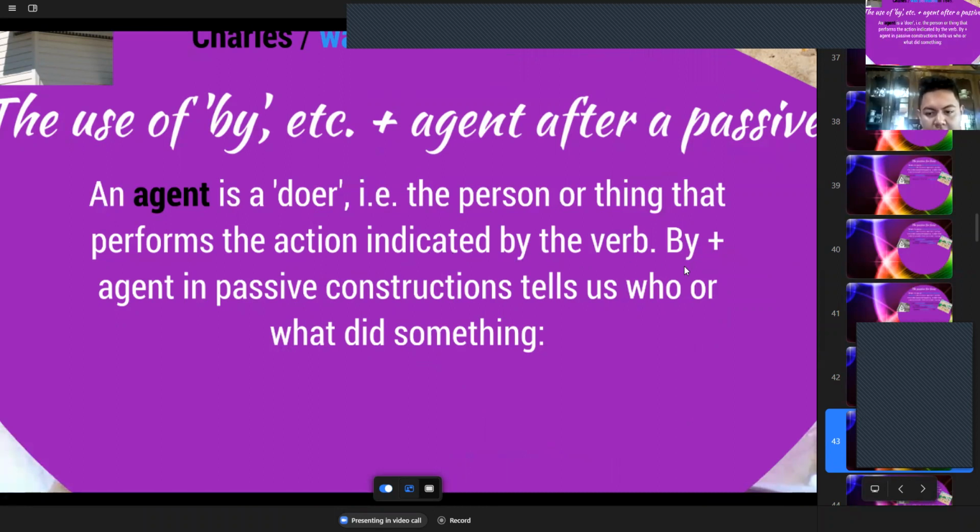Be must be by in the past, plus agent, in the passive construction.